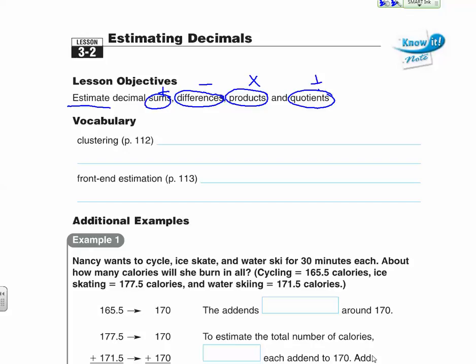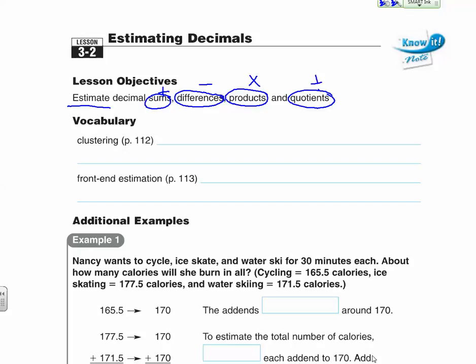Panthers, I'm going to go ahead and write the vocabulary term here for clustering and front-end estimation. What I would probably do is go ahead and fast forward till I get the entire definition written down, and then just pause so you have a minute to write it down.